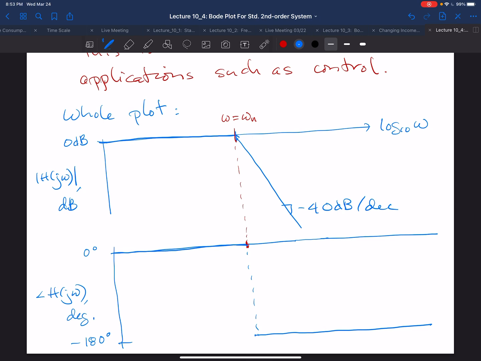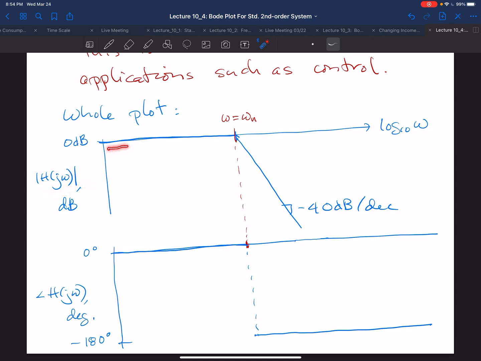What we're plotting here is the frequency response, H of j omega. We saw at the outset that the modulus of H of j omega governs the change in the amplitude of a sinusoid. When we feed a sinusoidal input into our system, we get a sinusoidal output at the same frequency, but its amplitude is multiplied by the modulus of H of j omega.